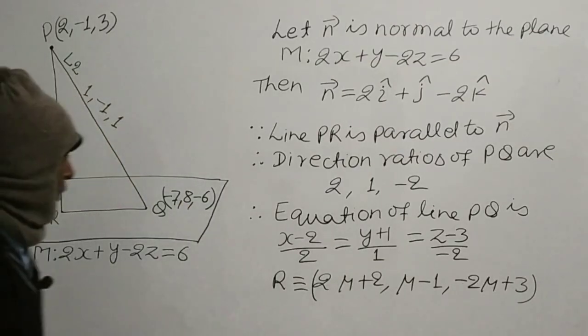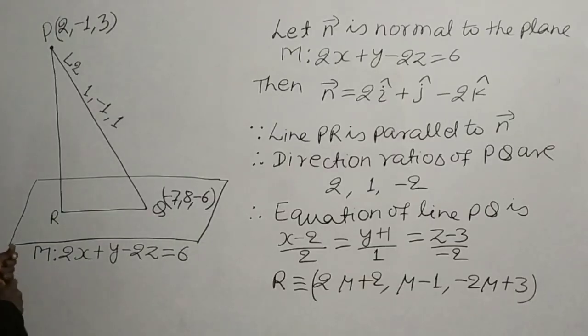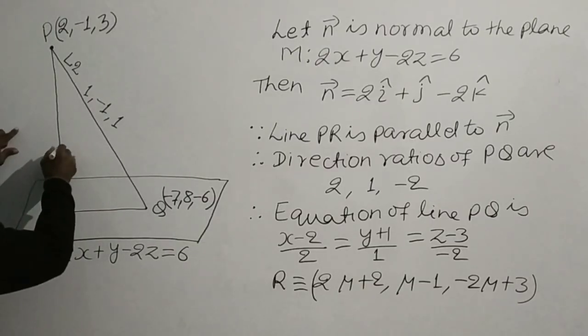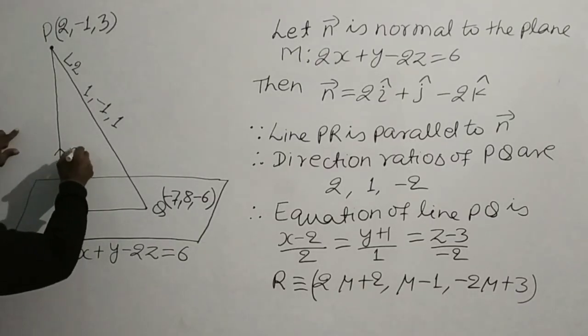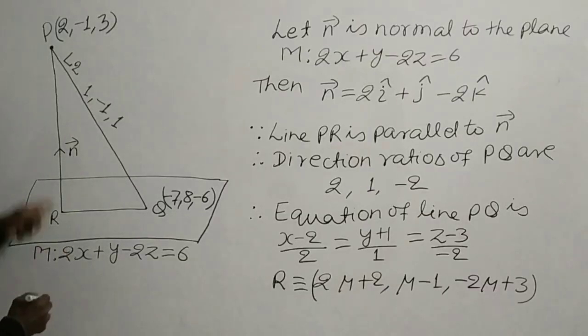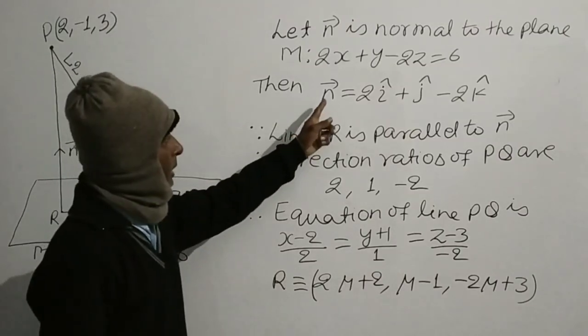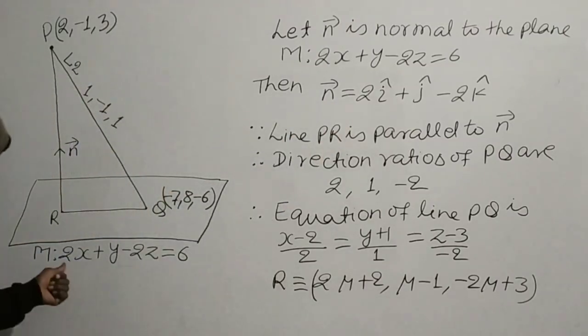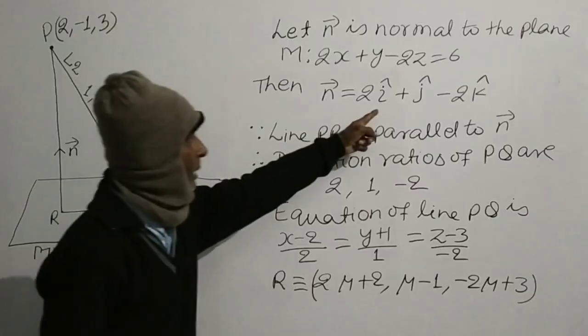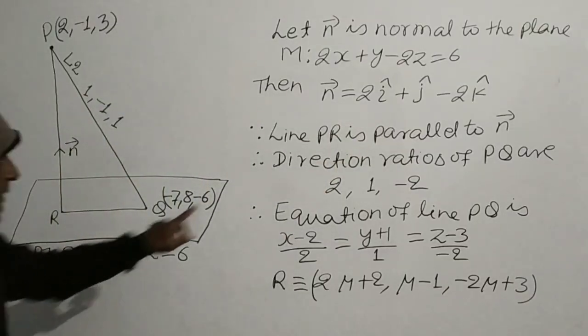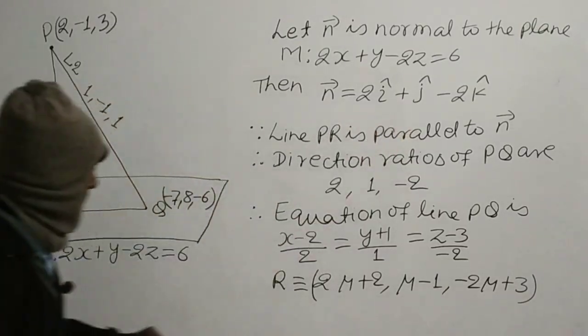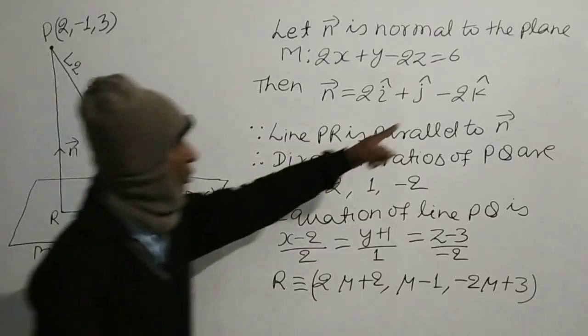We suppose that n is a vector that is perpendicular to this plane. Then n can be written as 2i cap plus j cap minus 2k cap.